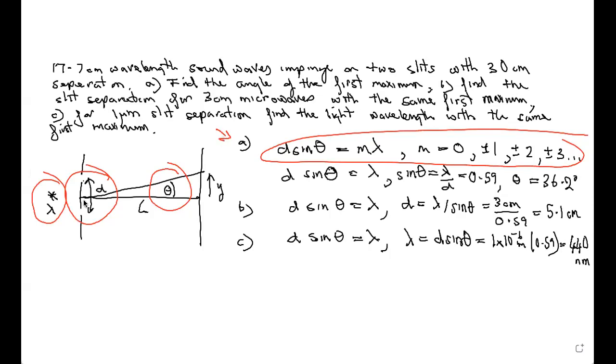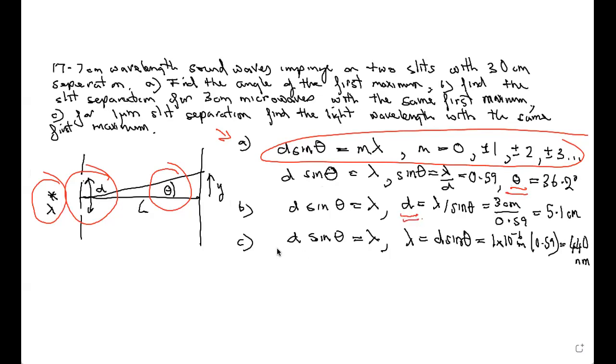So in one case, in part A, we knew the slit separation and we knew also the wavelength, and we figured the angle theta. In the second part of the problem, that's the microwave part, we knew the angle theta. We also knew the wavelength of the microwaves, and we solved for the slit separation.